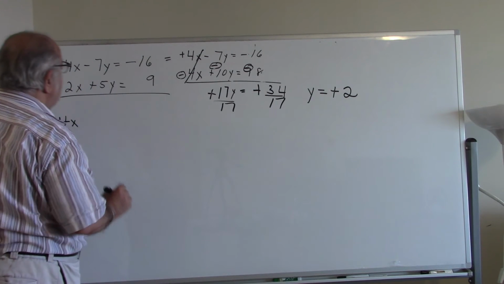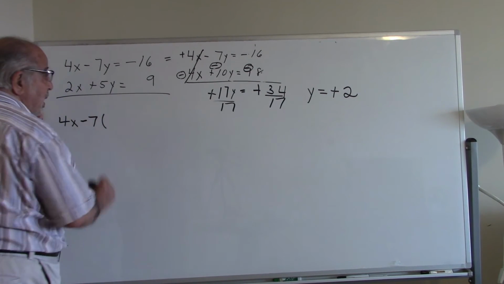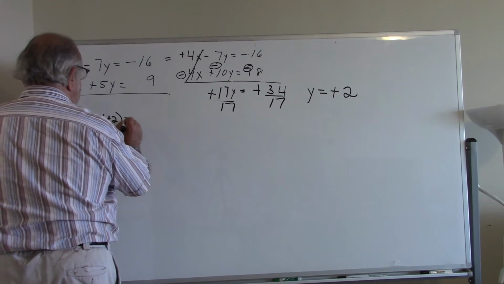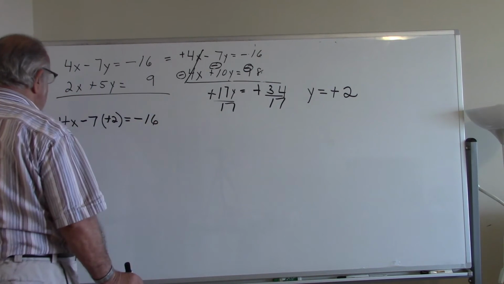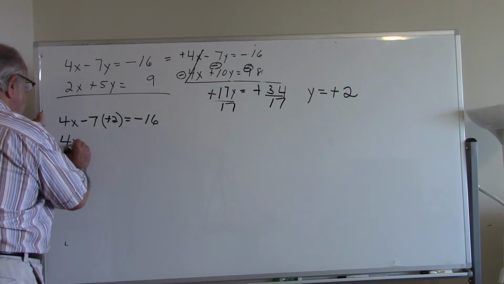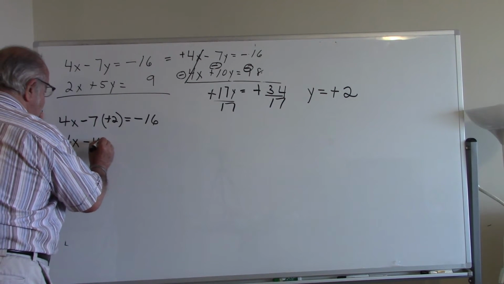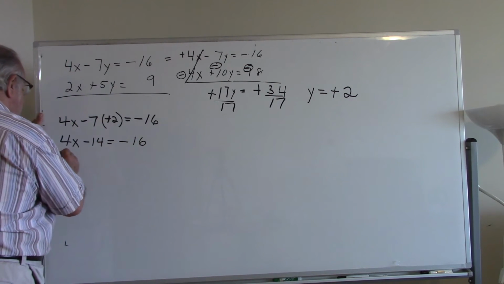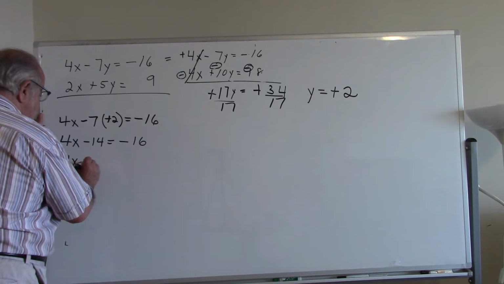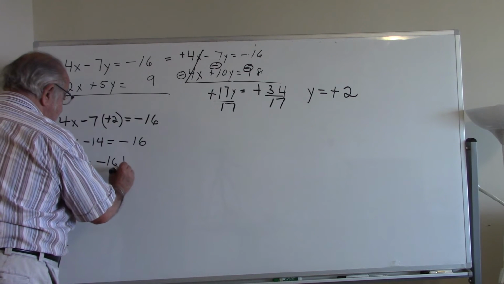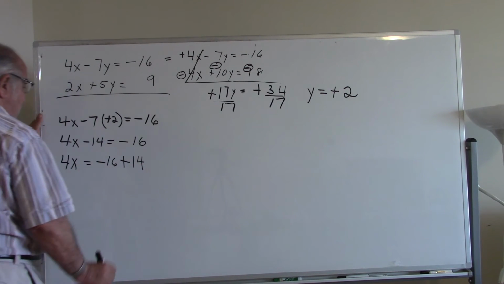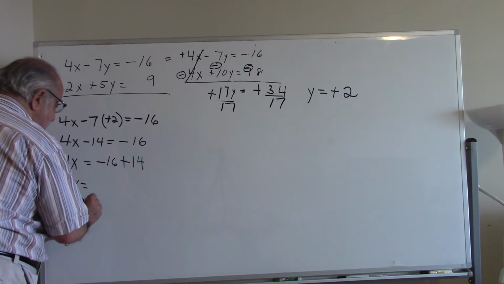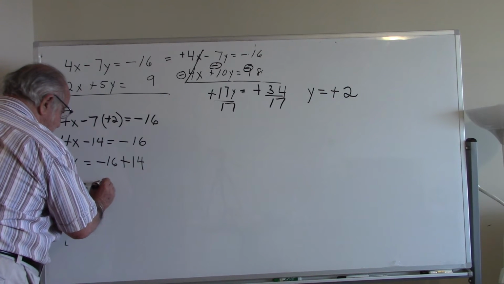4x minus 7, and y is a plus 2, so make that a plus 2, equals negative 16. 4x minus 14 equals minus 16. 4x equals minus 16 plus 14. 4x equals minus 2.